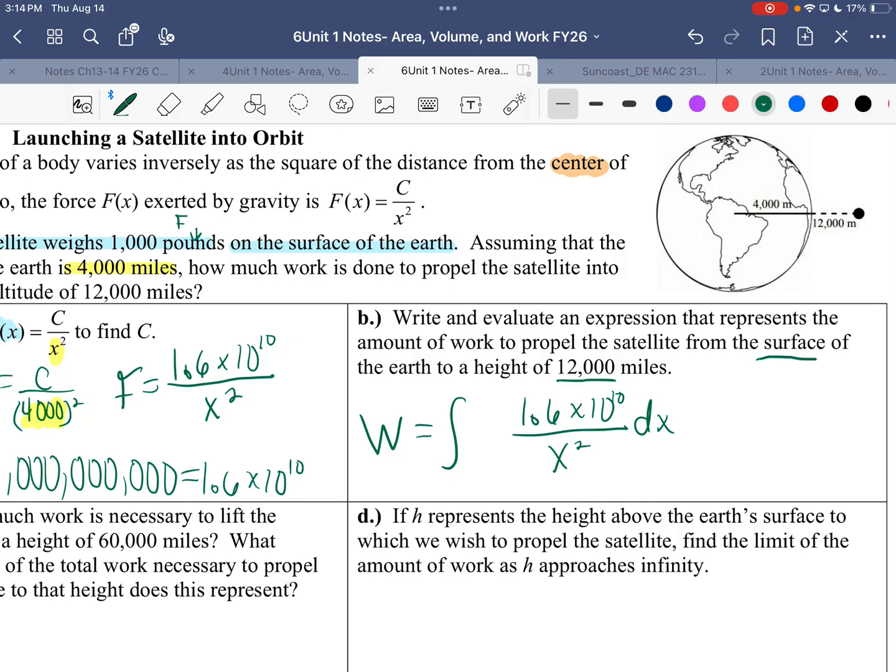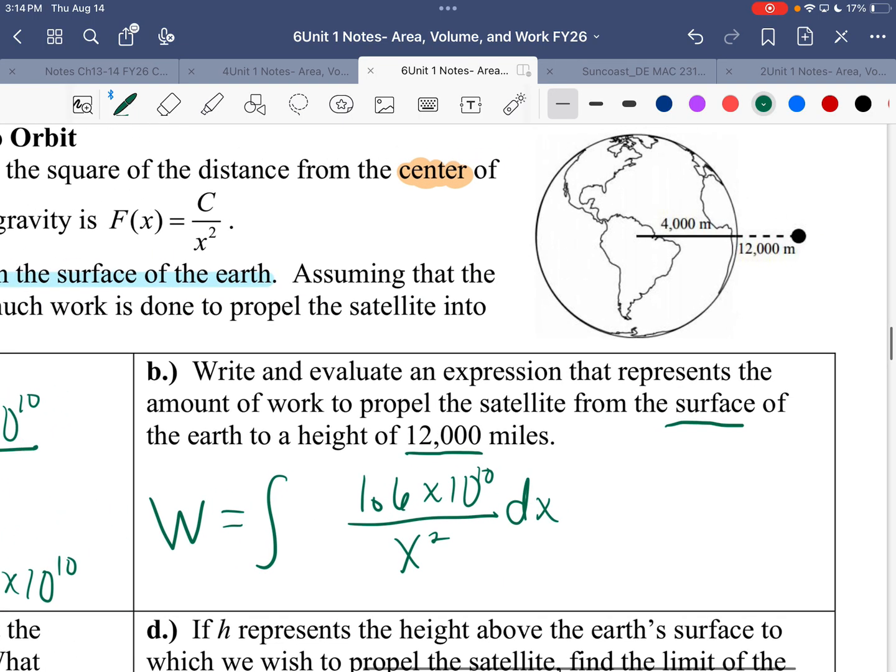This force equation is based off of where the satellite was relative to the center of the Earth, not the surface of the Earth.